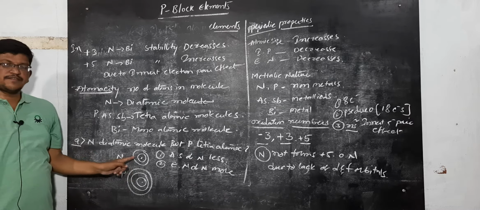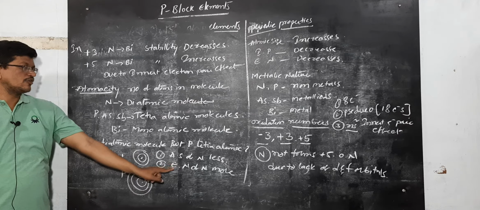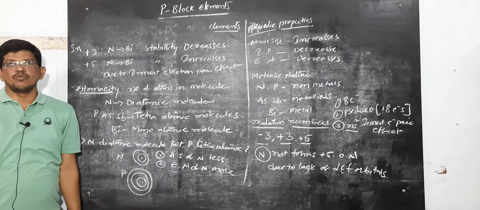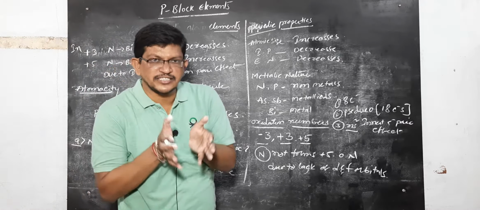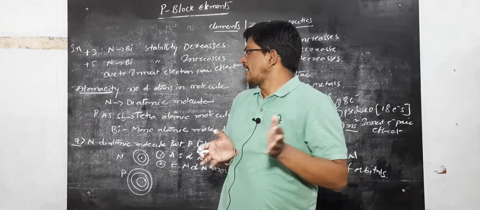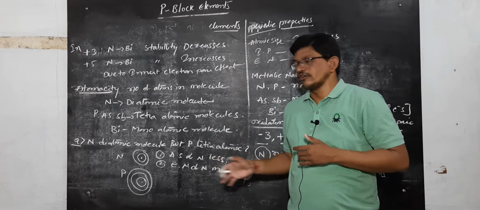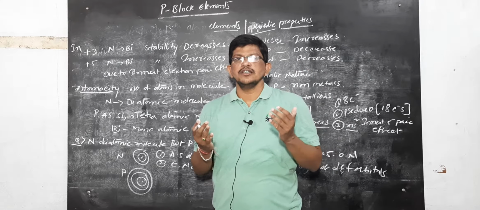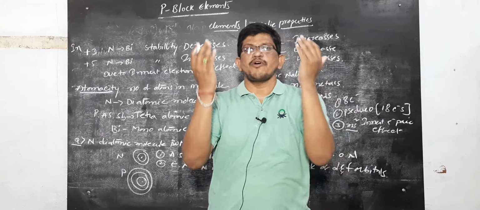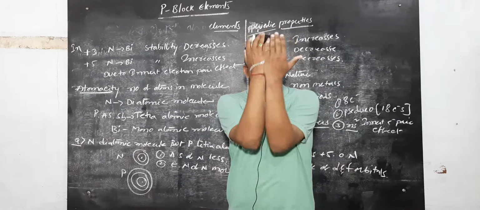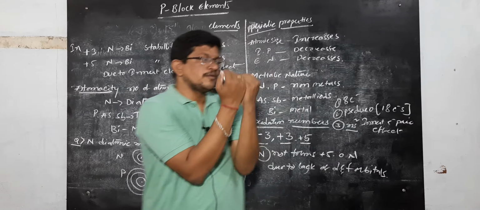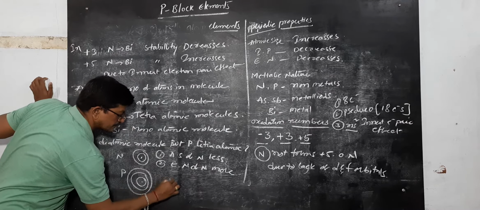The atomic size of nitrogen is less and its electronegativity is more. Due to this, nitrogen p orbitals overlap partially and form pi bonds.